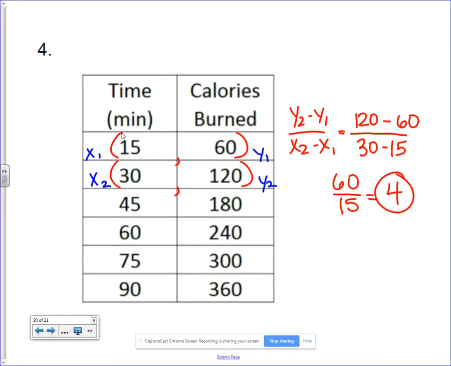What are your units here? Units on the y's are calories per minute. 4 calories burned per minute. That would be if I was asking you if it was linear, because if it was linear, you'd have to check to make sure they all are equal, but I didn't ask you that. Right. And it can be any 2.